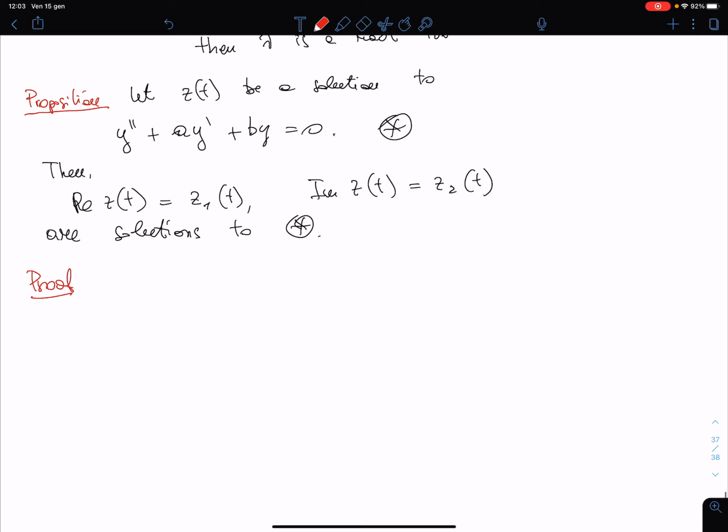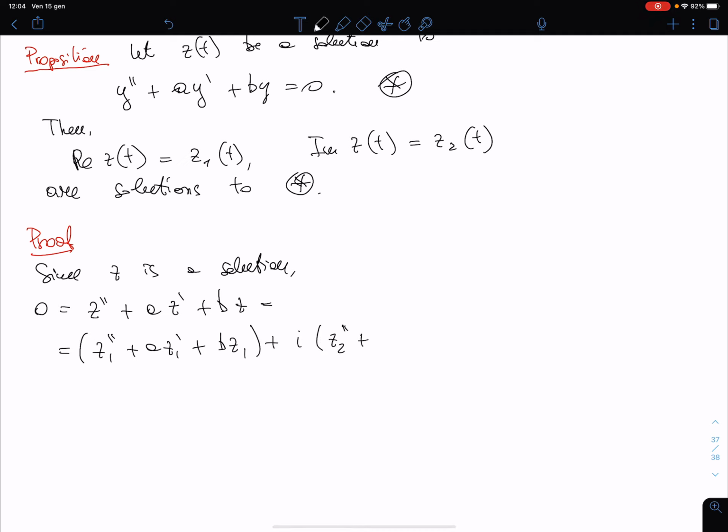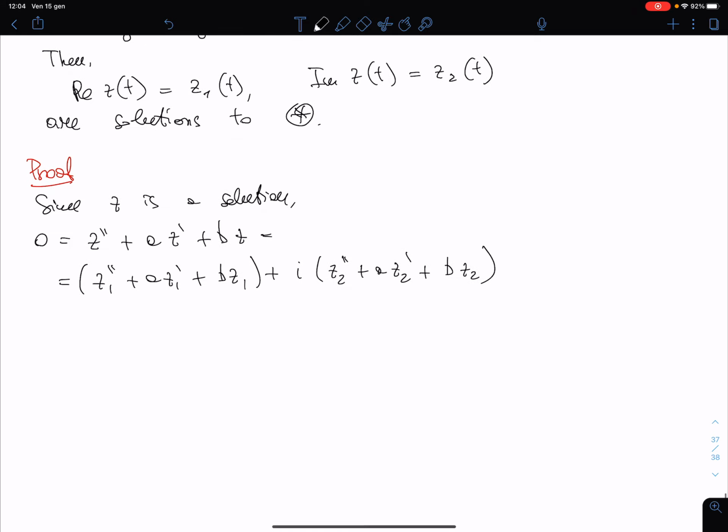It is very simple. Since z is a solution, we have z second plus a z prime plus b z is equal to 0. This means that z1 second plus a z1 prime plus b z1 plus I times z2 second plus a z2 prime plus b z2 is equal to 0.